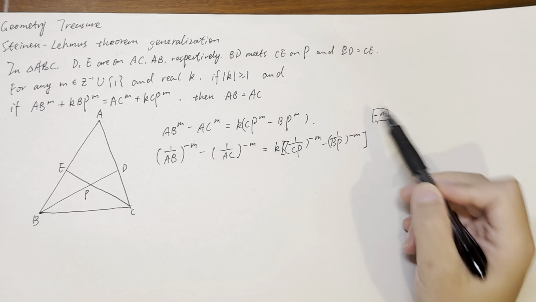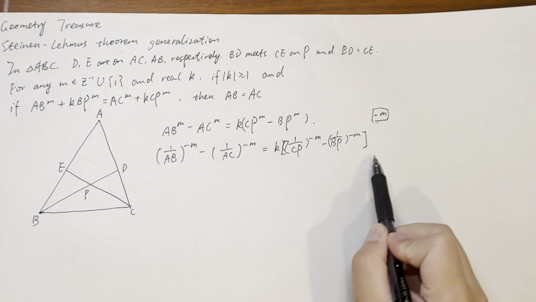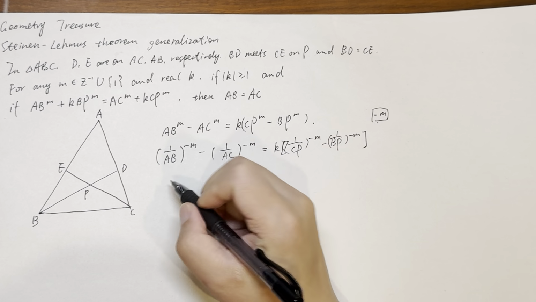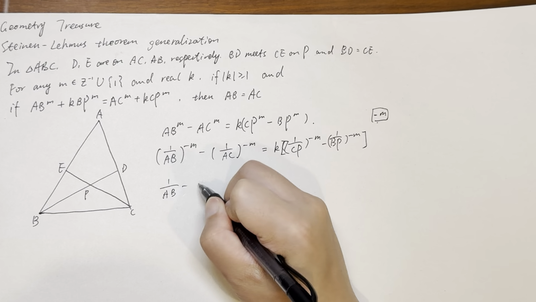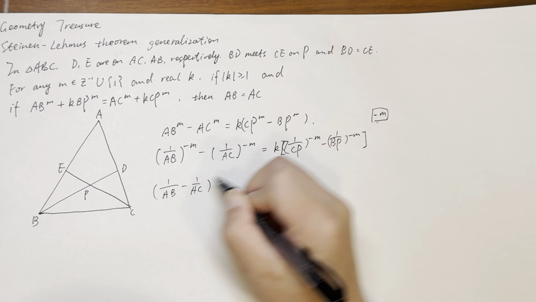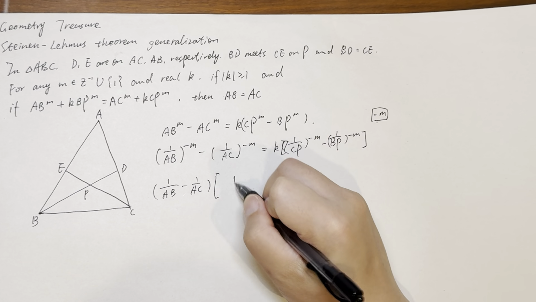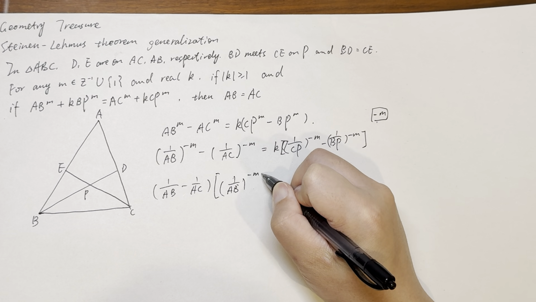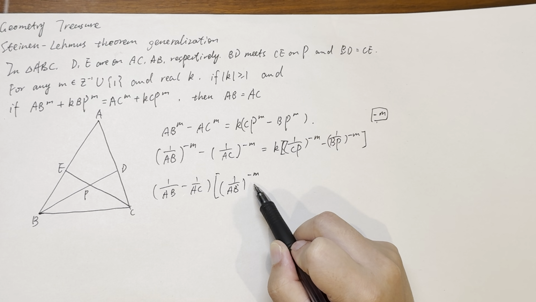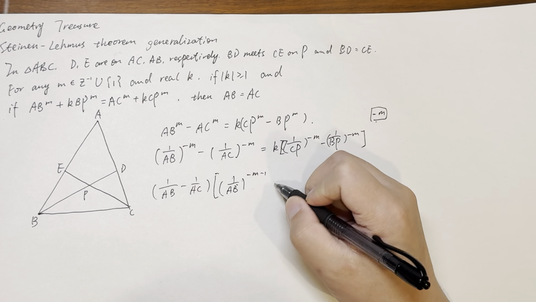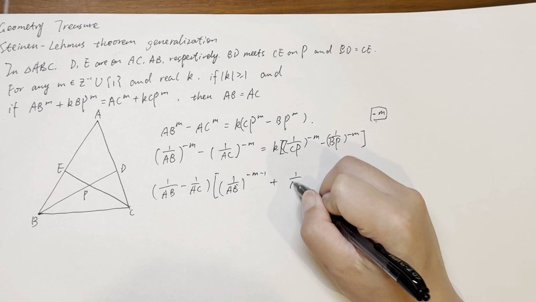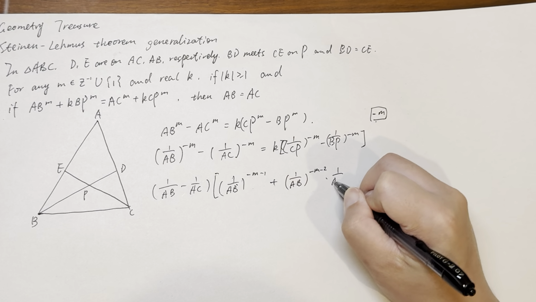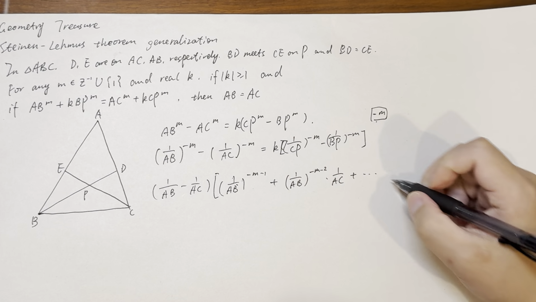So minus m is a positive number, and for this one, we can rewrite it as 1 over AB minus 1 over AC, times 1 over AB to the power minus m minus 1, plus 1 over AB to the power minus m minus 2 times 1 over AC, plus whatever is the rest, right?